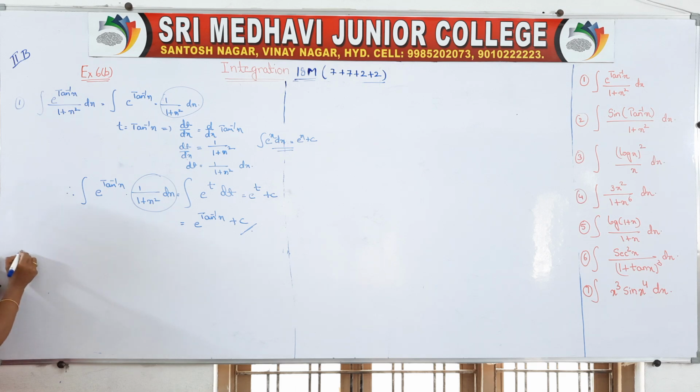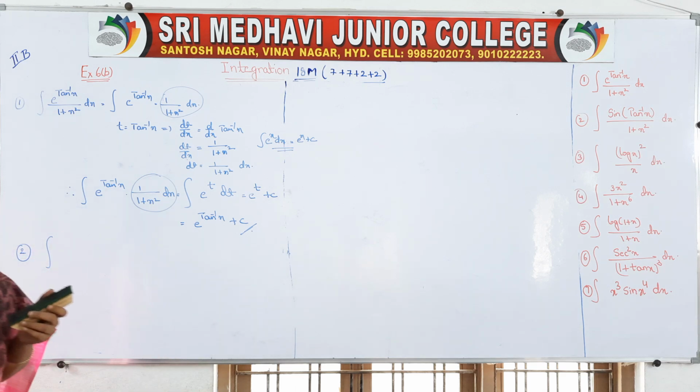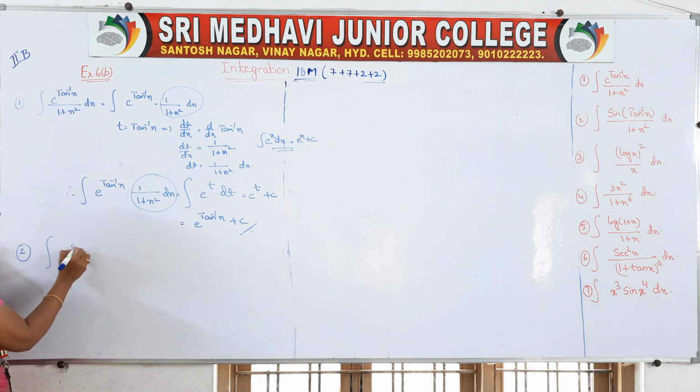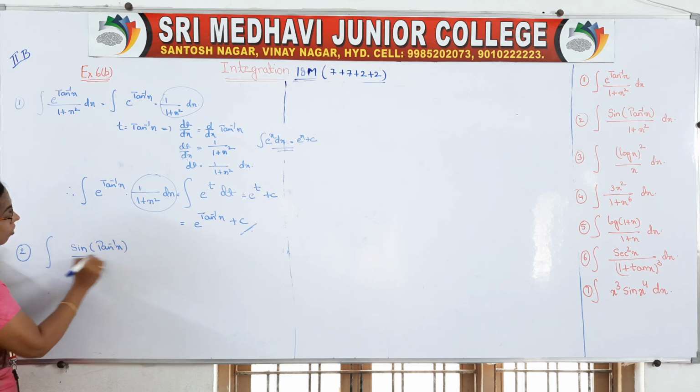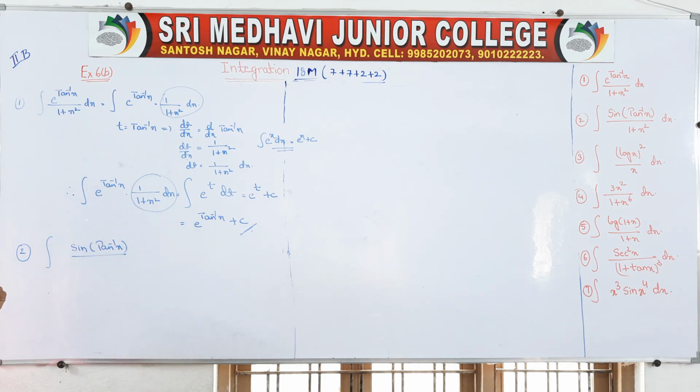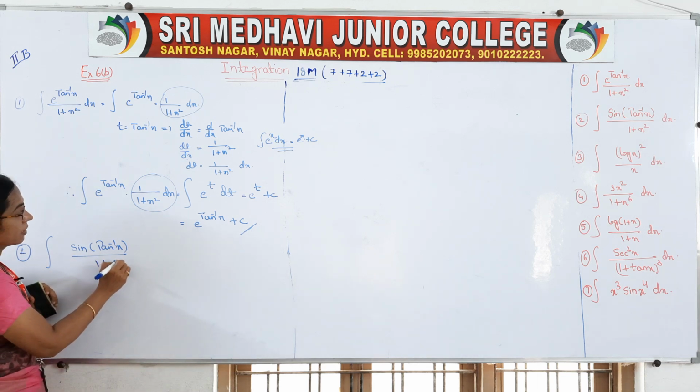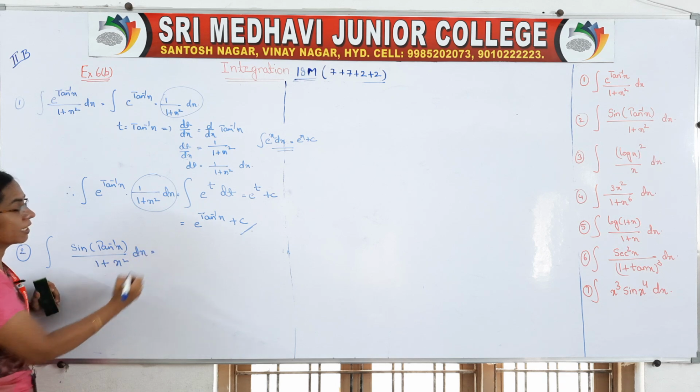Okay, now come to the second question. What is your second question? Your second question is integral of sine of tan inverse x by 1 plus x square into dx.